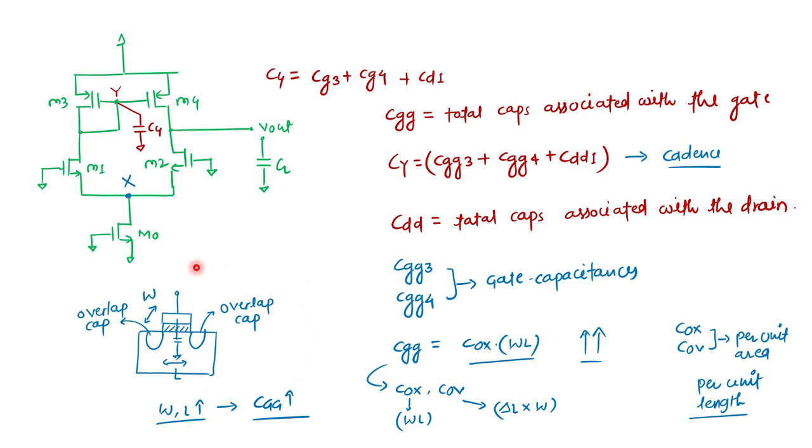Whenever W or L increases, the gate capacitance increases. That's why we always try to optimize the area so that the gate capacitances can be controlled. Other capacitances are also involved with the area, but the gate capacitance is impacted more by the area.